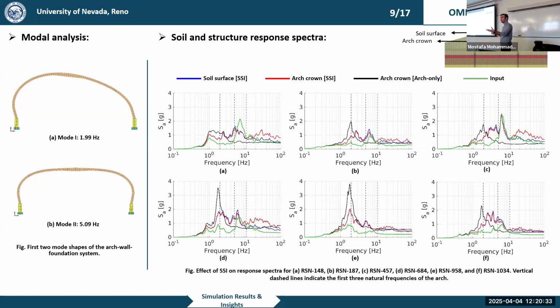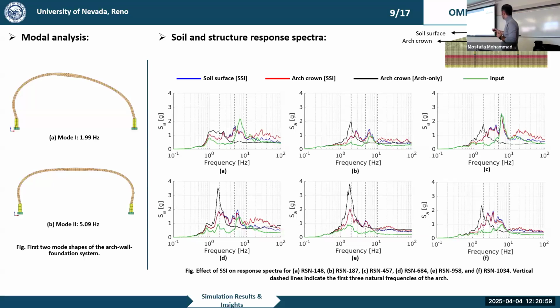But when we introduce the soil around it, the frequency content gets distributed among the first mode up to the third mode. It doesn't reach the third mode, but it goes up to that. So it shows how the soil affects our responses in this manner.